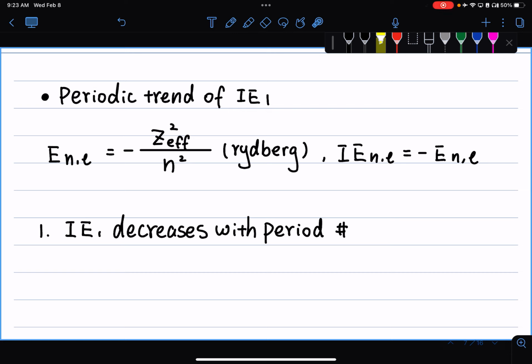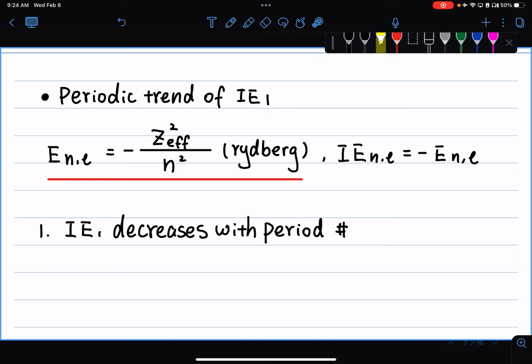So with that in hand, when we're talking about the periodic trend of ionization energy, we want to use a certain equation. So in this case, we're using the energy equation. You can use the Bohr model or the Schrödinger equation to derive the electronic energy of different atomic orbitals. We abbreviate it: the energy of the nl atomic orbital is roughly equal to negative effective core potential squared over n squared.